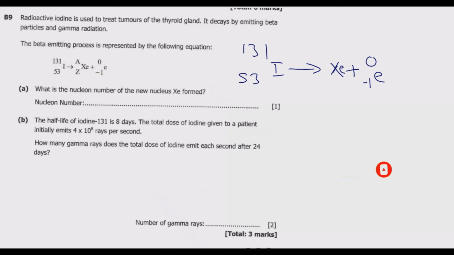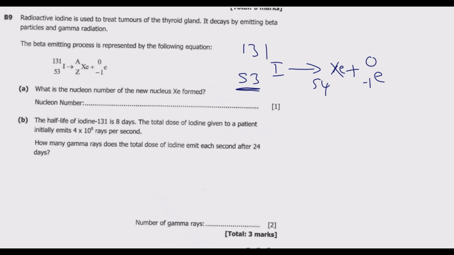When it undergoes a beta decay, it will emit 1 electron, which is negative. Because this 1 electron is emitted, the atomic number will increase by 1. So the atomic number will increase by 1, so we are going to have 54.